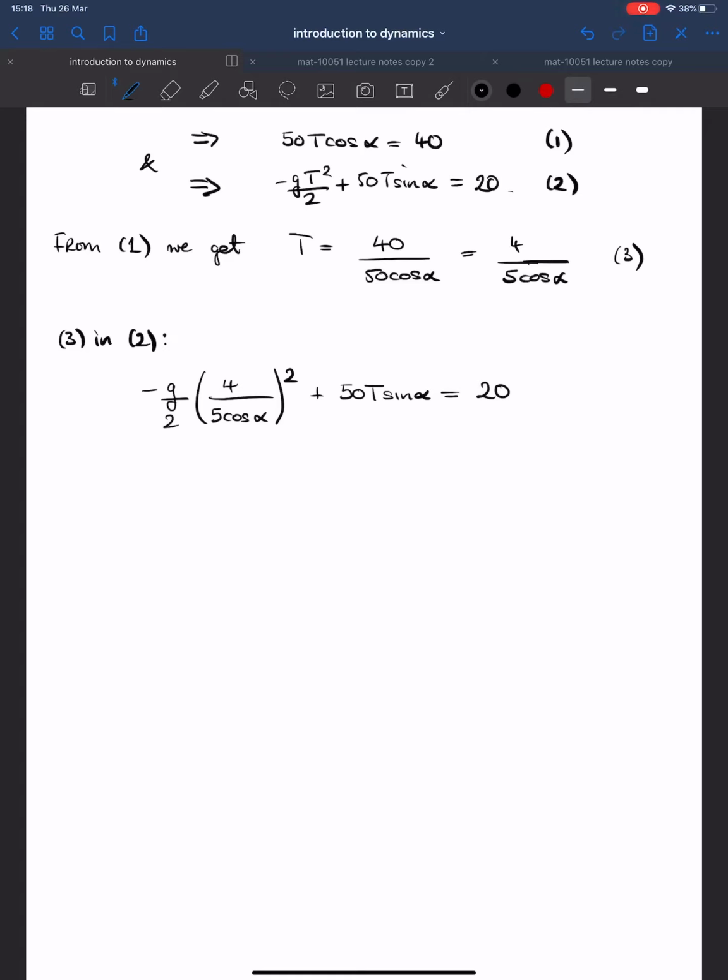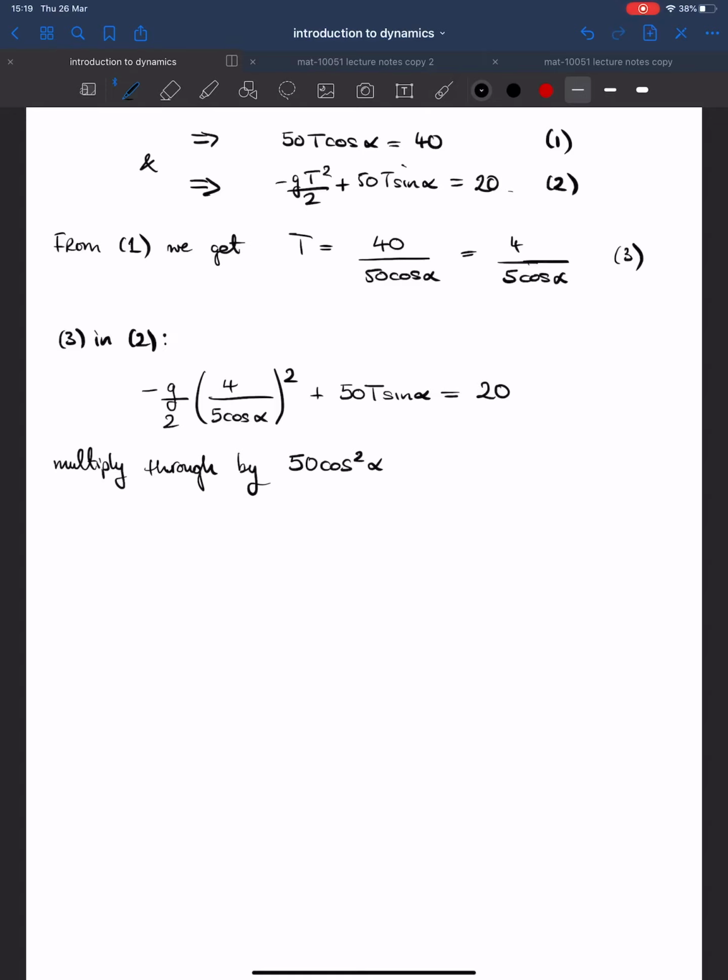All right then, let's multiply through by 50, because this will be 5 squared in the denominator, multiplied by 2, so that's 25 in the denominator of the first term.